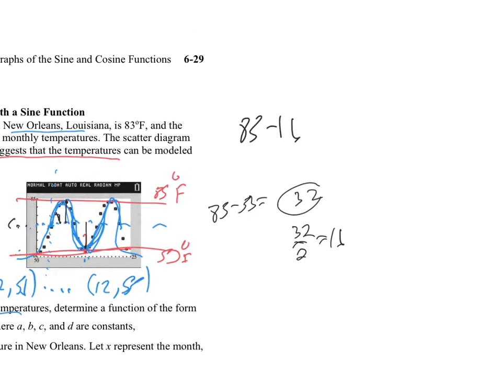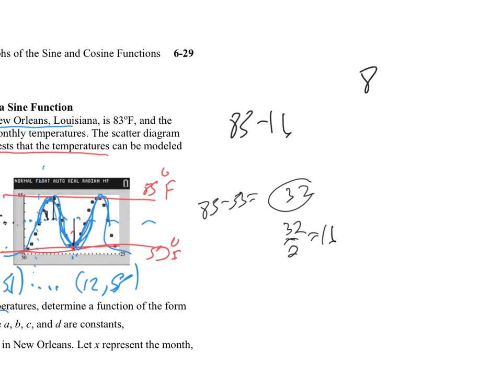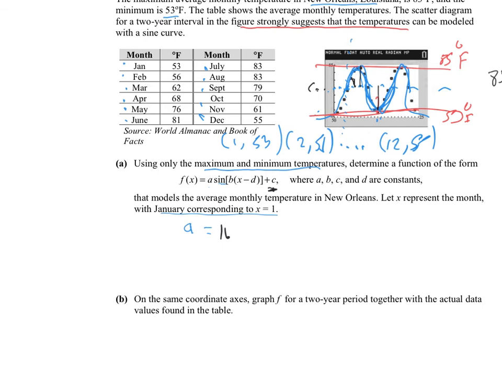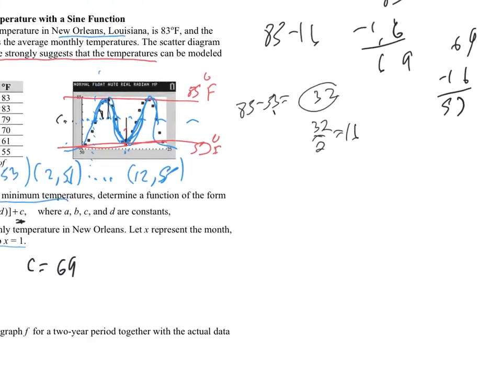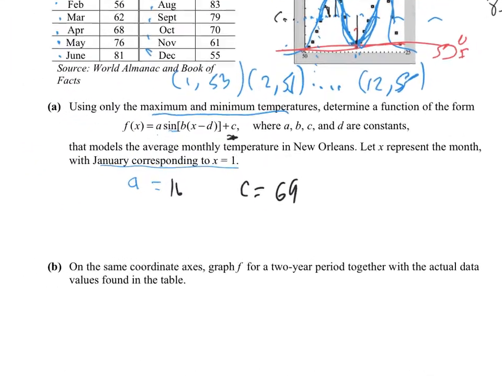That'll be my C number. So 85 minus 16 is 69. Is that right? Then let's check it out. 69 minus 16 would be 53, and that was the lowest? Yes, okay. So 69 is my C number. So C is 69. That's what I said. What else?